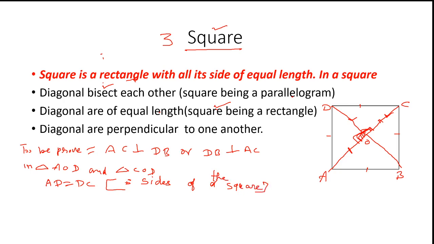Now AO is equal to OC, as the diagonals bisect each other.